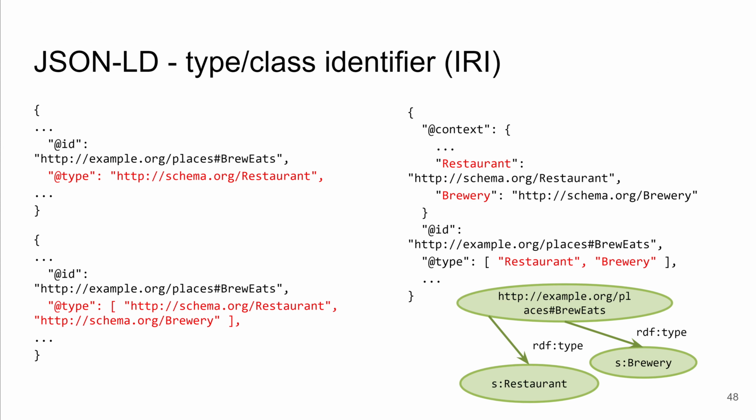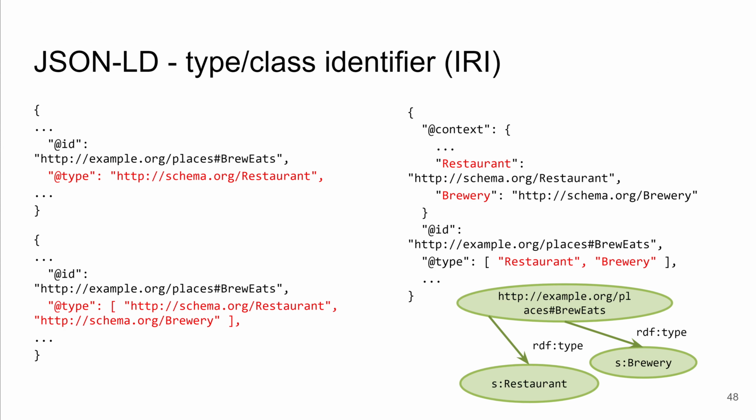So it's a restaurant and a brewery, and we say it by using the @type JSON-LD keyword here. So we know that our first example is a JSON object. It identifies an RDF resource, example.org/places#breweats, and it is of a type restaurant. The @type keyword generates the RDF type triple. So now we know it is a resource of a type restaurant.